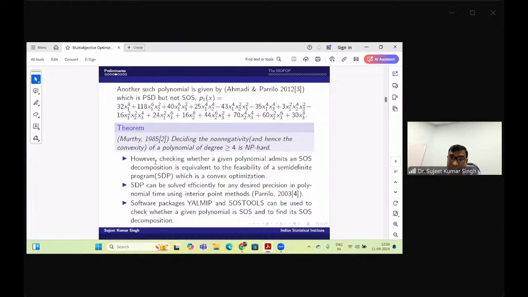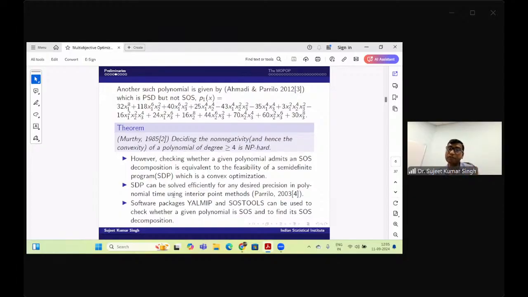So checking the convexity of a polynomial directly is NP-hard, but converting it into a sum of squares optimization and solving it is tractable. That is the efficiency of SOS representation: we cannot check convexity directly, but converting it into a sum of squares is a semi-definite optimization, which is convex and therefore tractable.